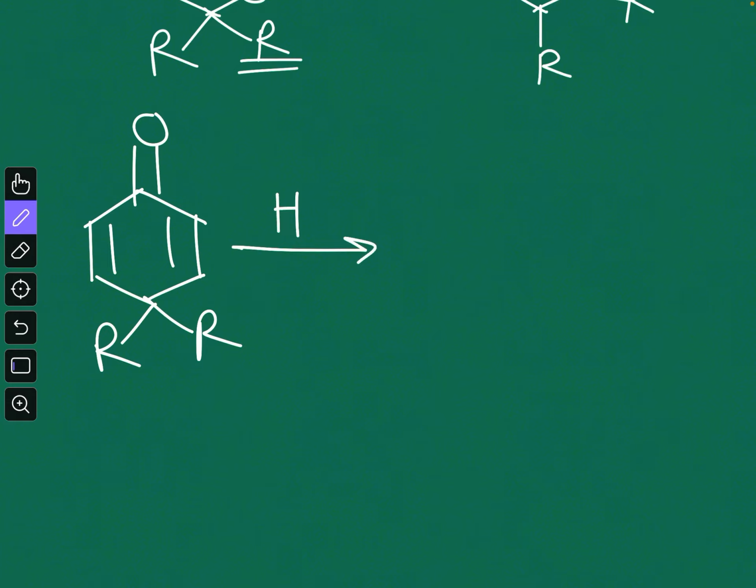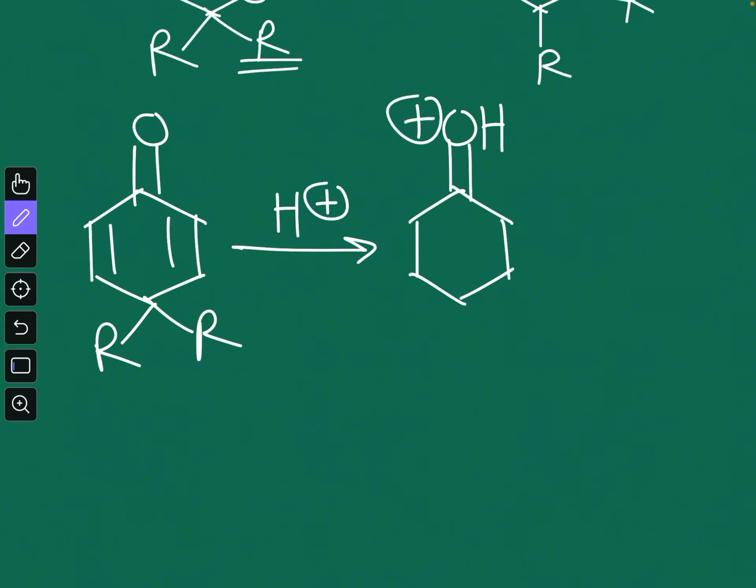So first, when you introduce acid, what will happen? The acid will basically protonate this carbonyl group, because this carbonyl oxygen has a lone pair, so it can easily accept the proton. And now this is your intermediate.